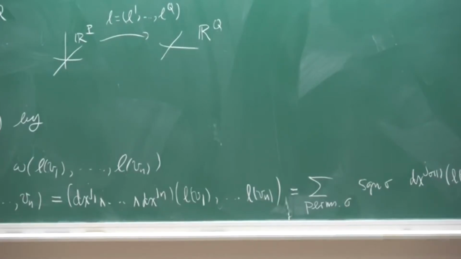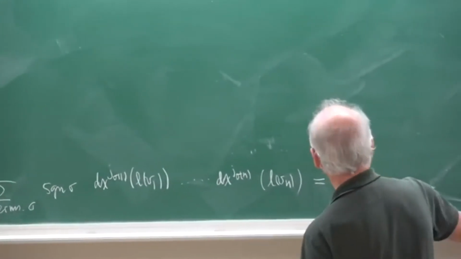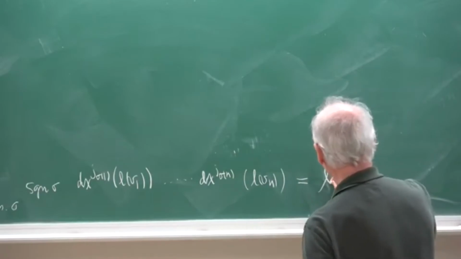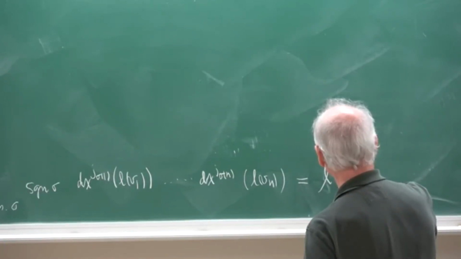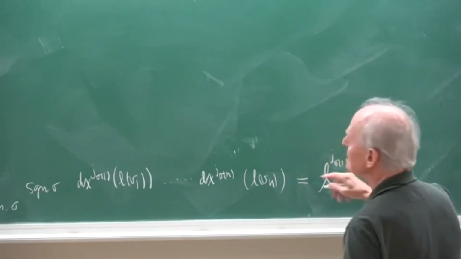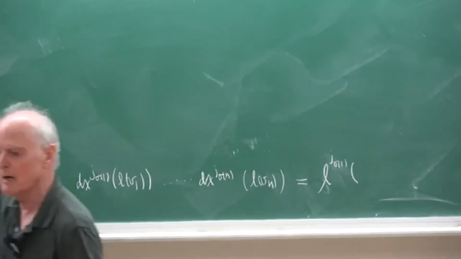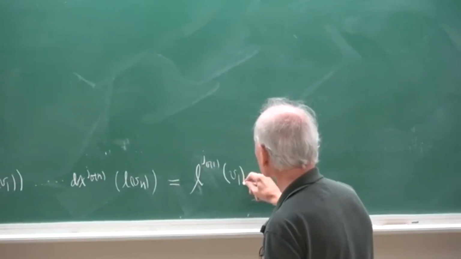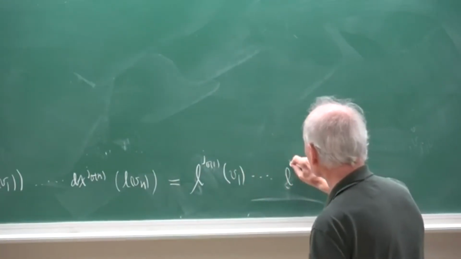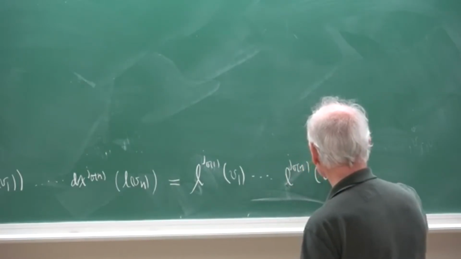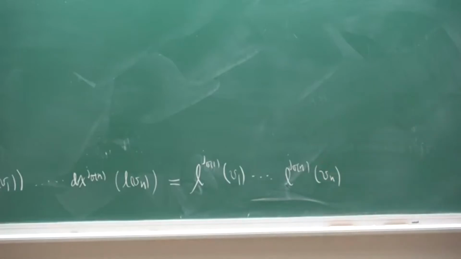So this just picks out the j sigma 1 component. So this is L j sigma 1 hitting v1, up to L j sigma n hitting vn. Each of these components is a real linear map, right? Like that. That's what that looks like.